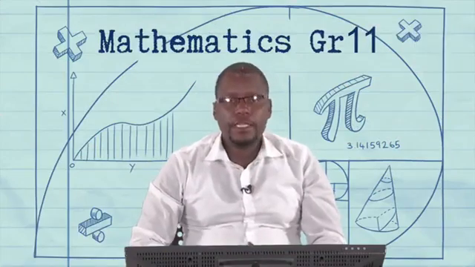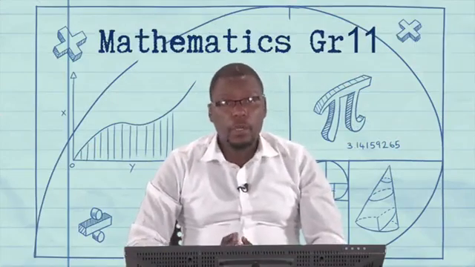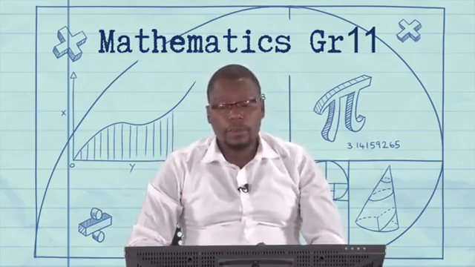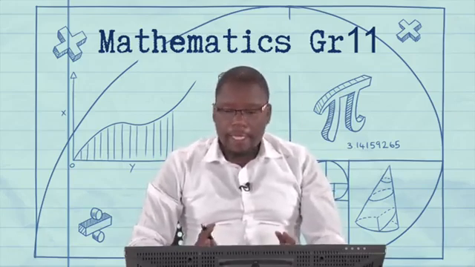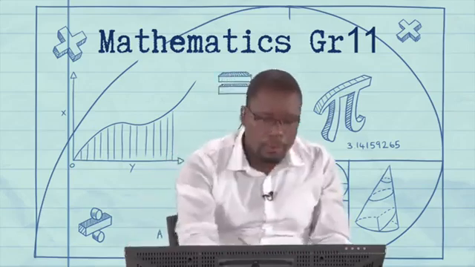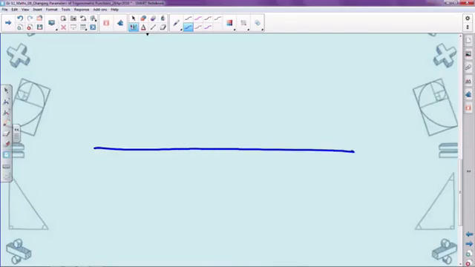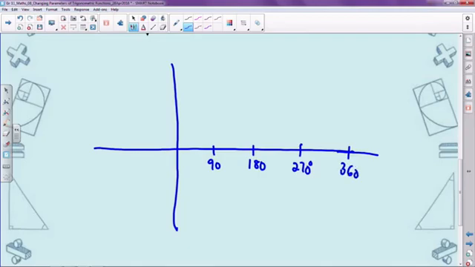Welcome back, grade 11s. I'm sure you guys have been working very hard on this particular problem. Just want to make a very short, quick example here. Let us say I have a graph like this. This is 90, 180, 270, and then 360 degrees.